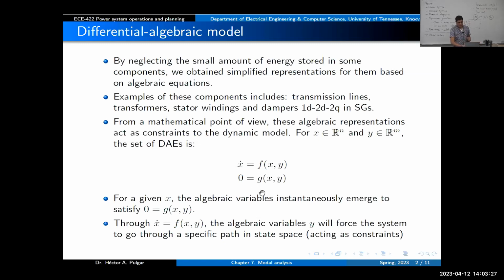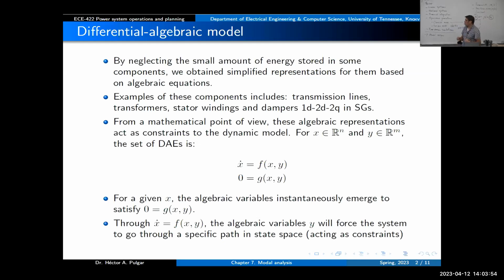That's how we have a representation for the grid. If there is a short circuit, voltage can immediately change and take another value at the short circuit moment, or when we clear the fault. The same thing will happen with the currents in the synchronous machine. You have a short circuit, this current instantaneously can take some value when a disturbance occurs. So that's how we came up with this model.